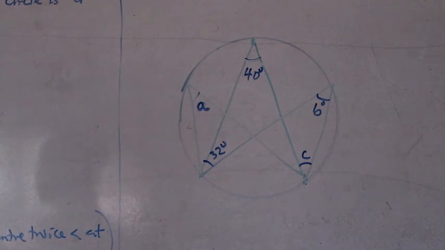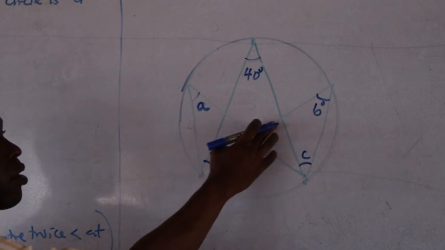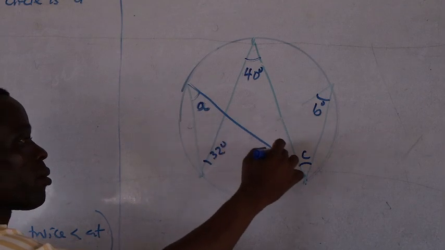Now, look at this diagram. I have explained that before you can use angle in the same segment, you must have that angle, and all the four vertices must be on the circumference. If it is possible for one to clean this line, you can see that angle clearly here.